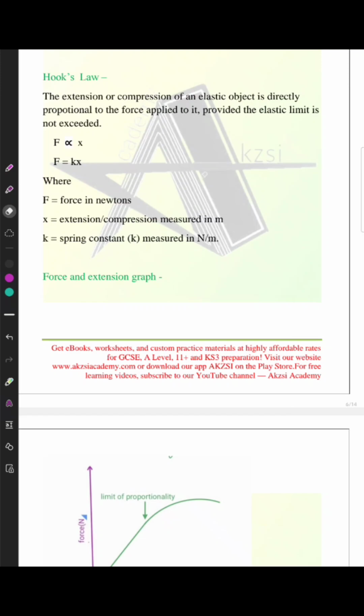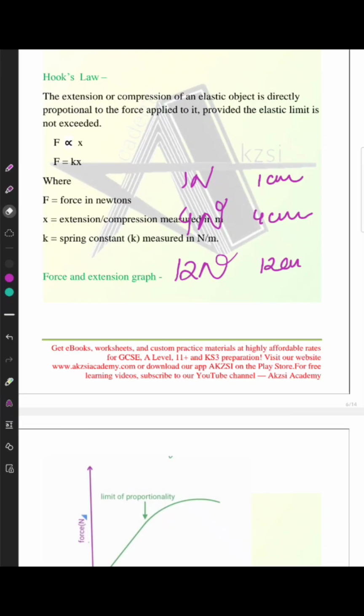That means when I apply 1 Newton of force, the extension is 1 centimeter, and now I'm applying 4 Newtons of force, the extension would be 4 centimeters. Now it's 12 Newtons, so the extension is 12 centimeters. Every time you increase the force, the extension increases by the same proportion.